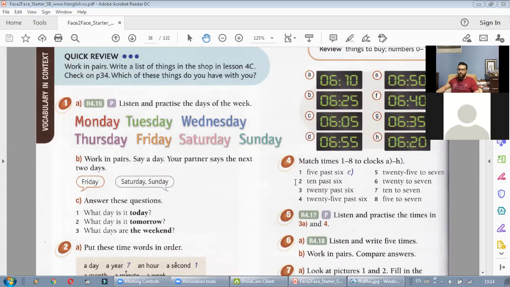All right, so what about number 2, 10 past 6? Where's 10 past 6?